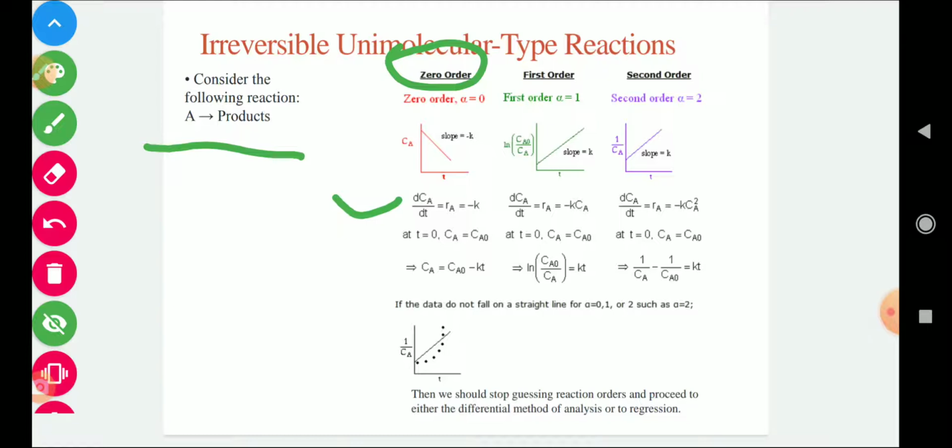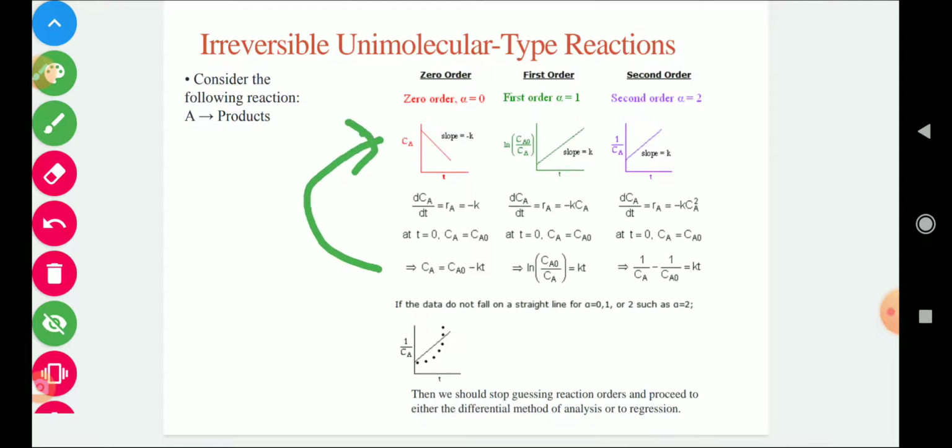If we integrate that equation, the final expression will be CA equal to CA0 minus kt. This is the equation of a line. If we plot concentration versus time, then the slope of the line will be equal to minus k.